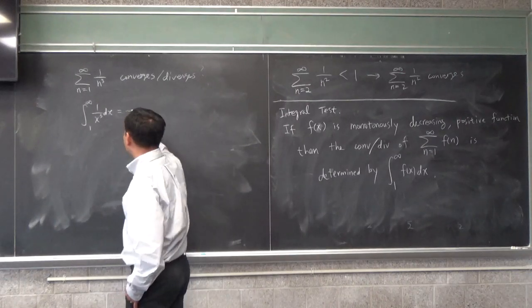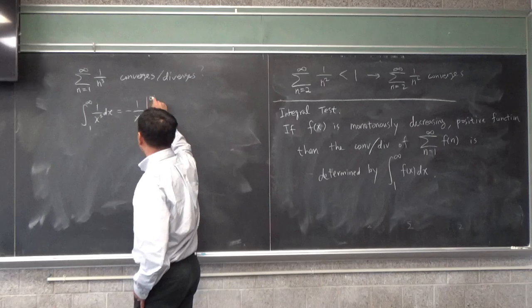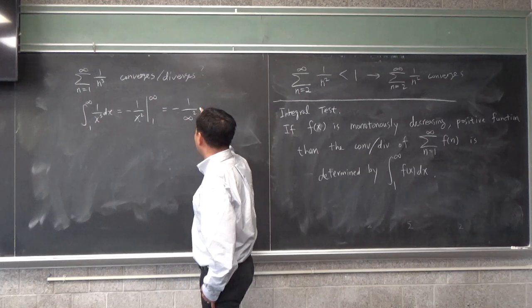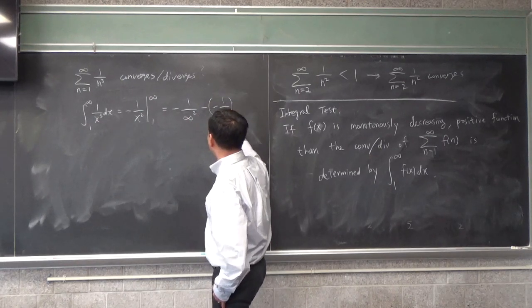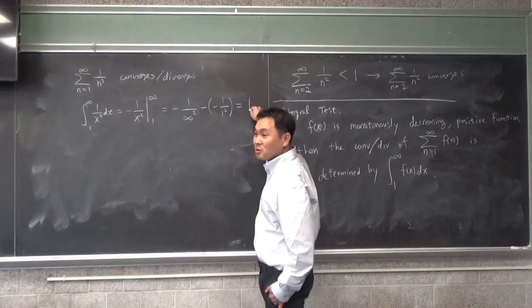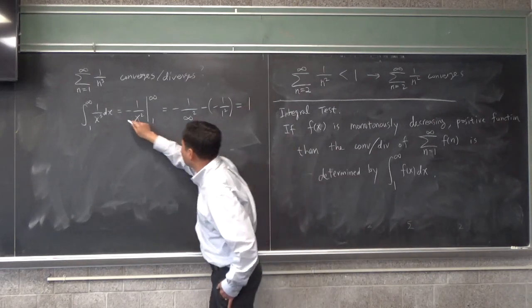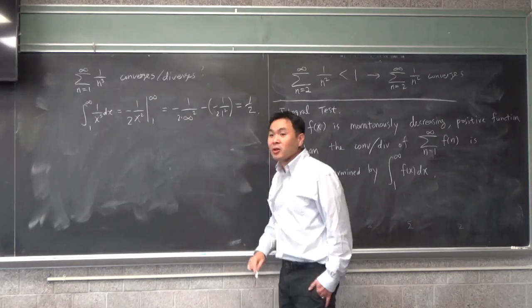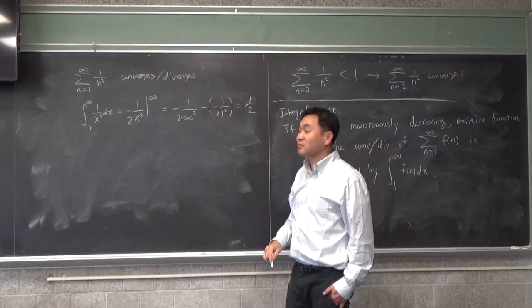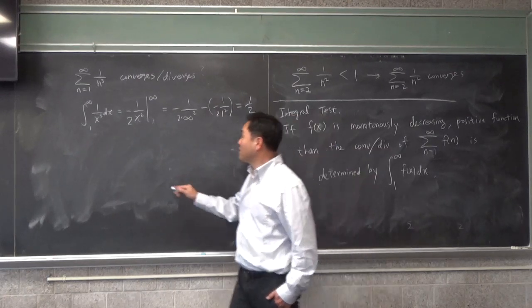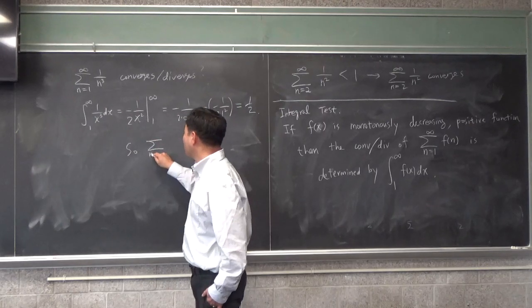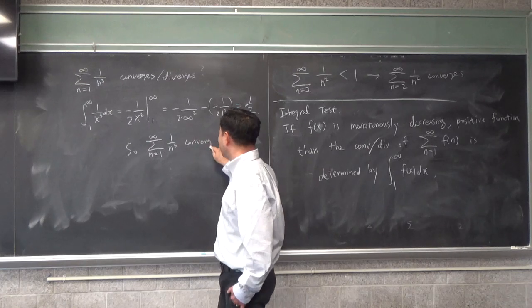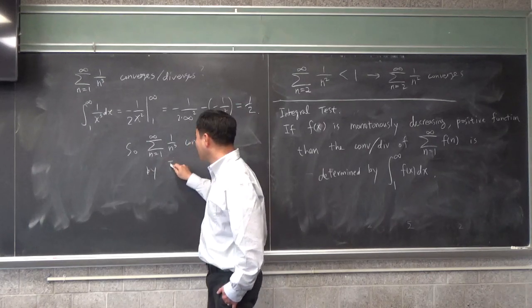And now the integral of this is negative 1 over 2x squared, and you plug in infinity and then 1, which is negative 1 over 2 infinity squared minus negative 1 over 2 times 1 squared, which is just 1/2. Oh, sorry, this should be a 2. So it must be 1/2. And that's it. That says what? Converge. So summation of n from 1 through infinity of 1 over n cubed converges by the integral test.